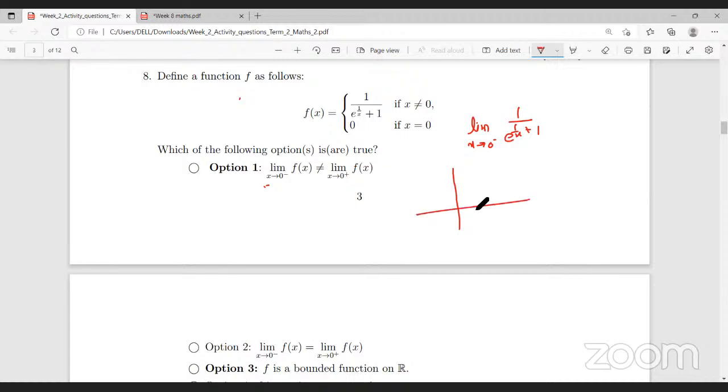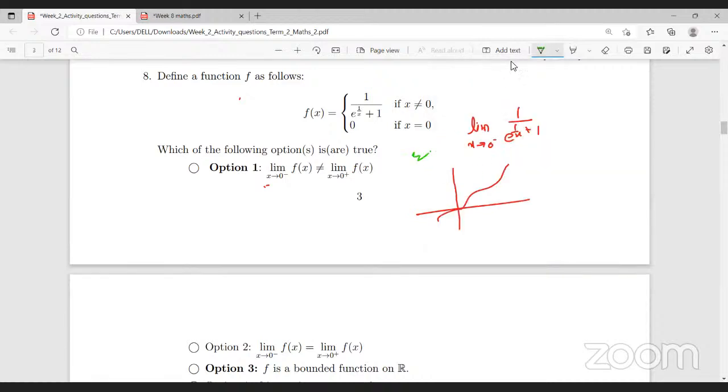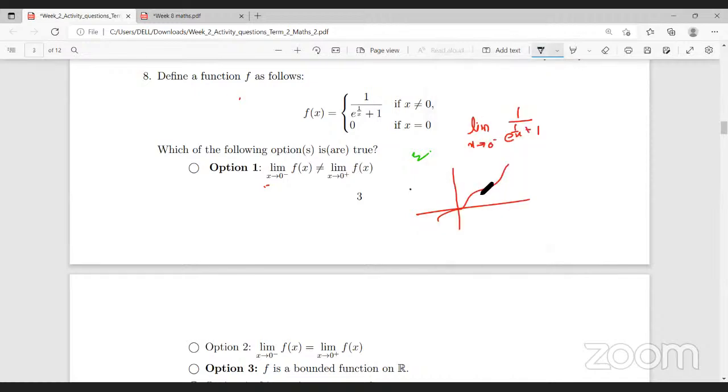Say this is my function, and I want to find the limit at this particular point a. When I go from the left hand side, I don't know whether the limit exists or not; it can break here also.